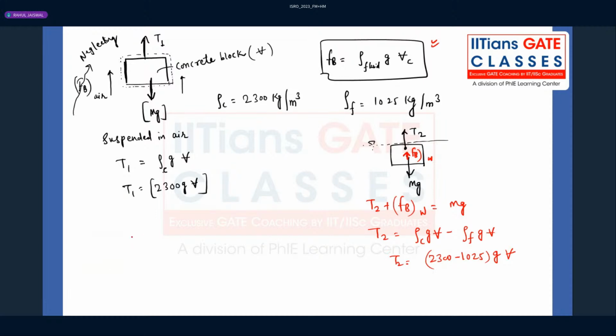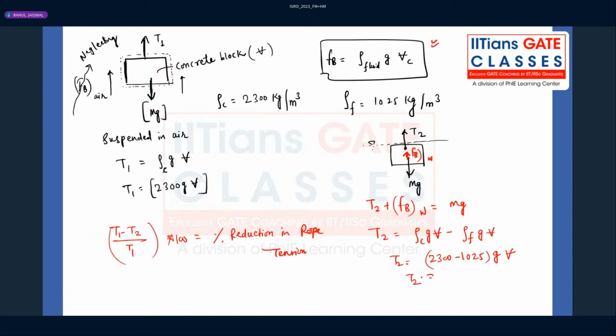They are asking what percentage reduction will happen in the tension of the rope. So we are asked to find (T1 minus T2) by T1 into 100. That is the percentage reduction in the rope tension. T1 is 2300.